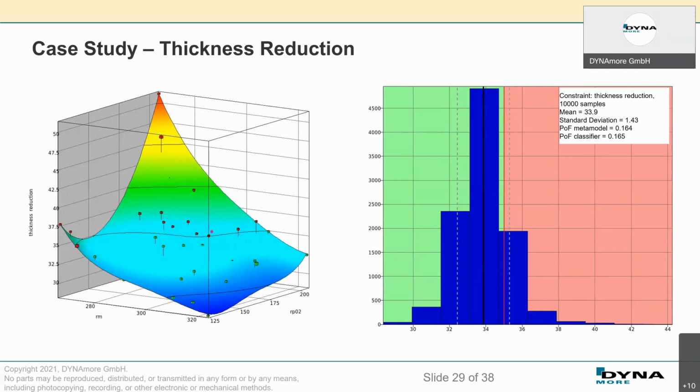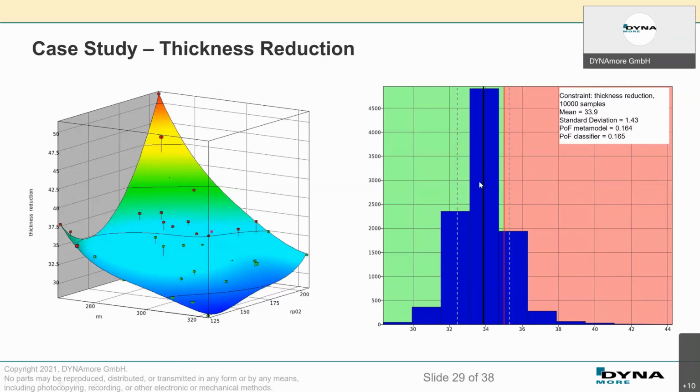Using those 10,000 samples, the mean value and the standard deviation are also calculated. So you get directly the values of mean value and standard deviation, and also the probability of failure. Here I displayed the probability of failure calculated on the metamodel approximation and also on the classifier approximation, which is quite similar for our example here.